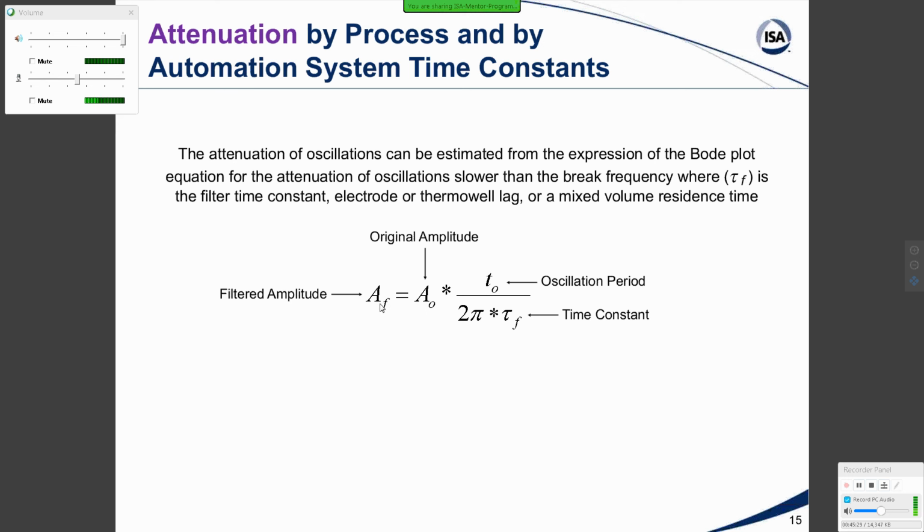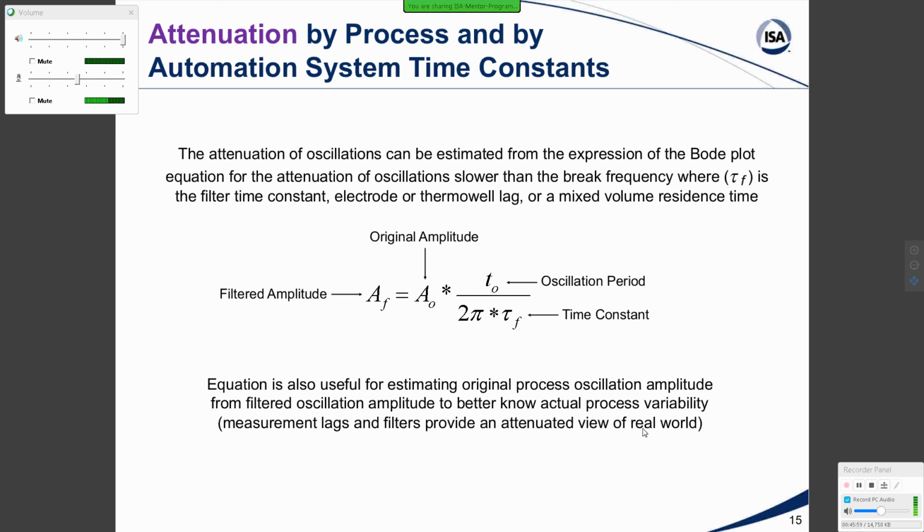Now, what I tend to do with the effect of automation system filtering is solve for the original amplitude, so that I have a better idea of really how bad it is, because we get this delusional effect of things looking smoother from a filter time constant or a slow electrode or slow thermal well lag when the process is actually doing worse.